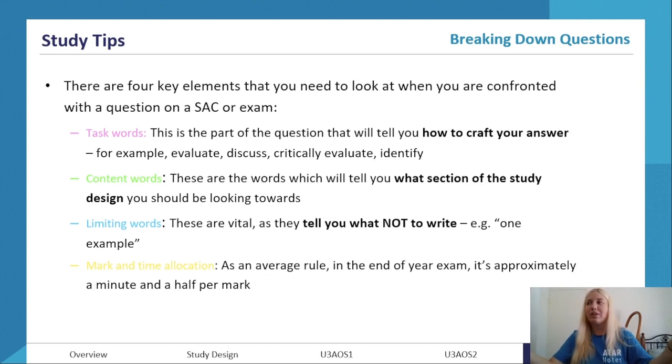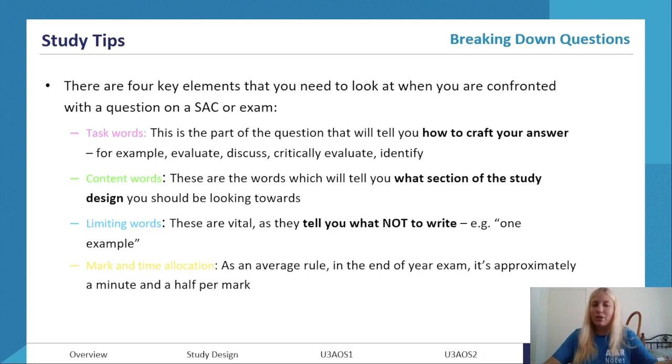They see a limiting word like one example, so they think, ah, the most I can muster is a short definition or description. So what I'll do is instead give two examples, but I'll only give a tiny bit of detail for each one because I don't really know either. That student would get no marks or 1 mark, because they've passed the first example, nothing is going to be marked, and they've barely put anything down for their first example because they don't really know it.